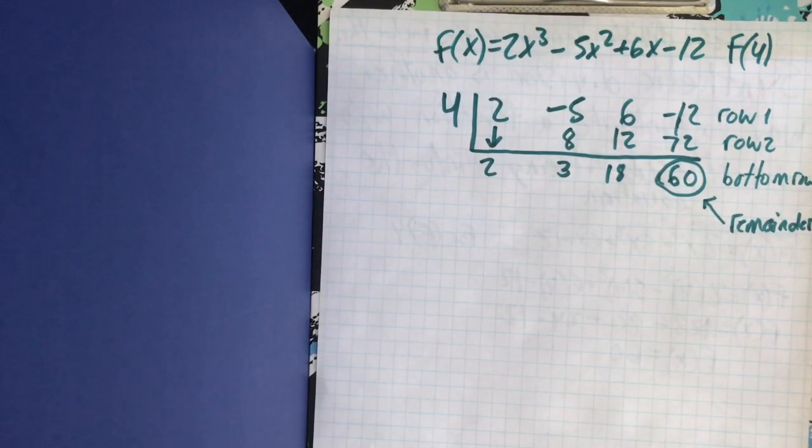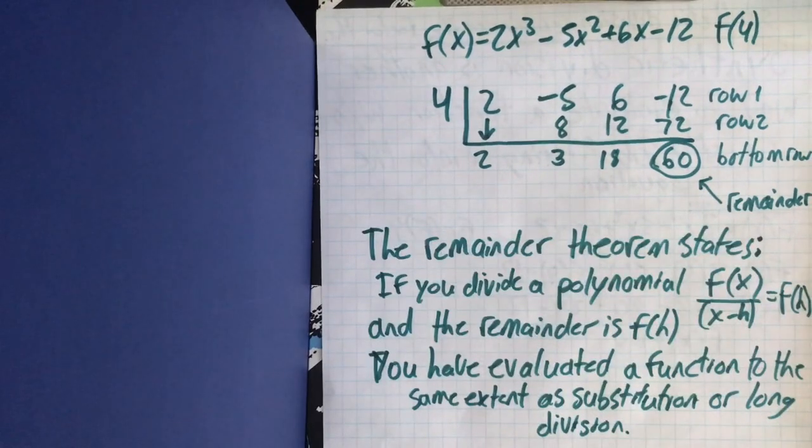And then this is where the remainder theorem comes into play. The remainder theorem states if you divide a polynomial f of x by x minus h, the remainder equals f of h, so you evaluate the function to the same result as if you used substitution or long division.